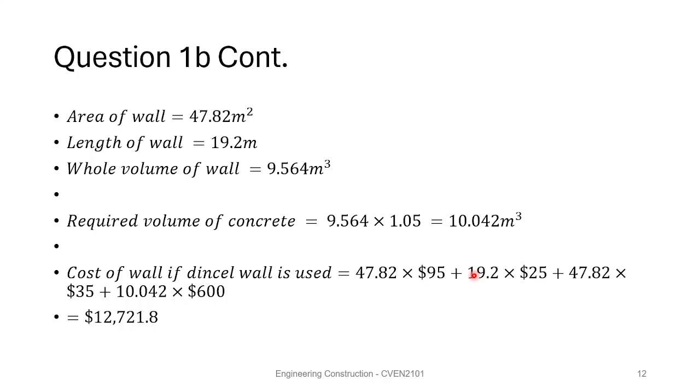We just take the length plus the amount of concrete needed and also your installation costs. So it will result in this particular number over here. Okay. Any questions so far? No? All good? Moving on.